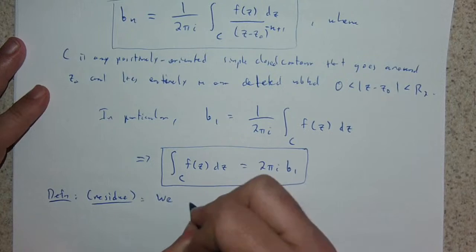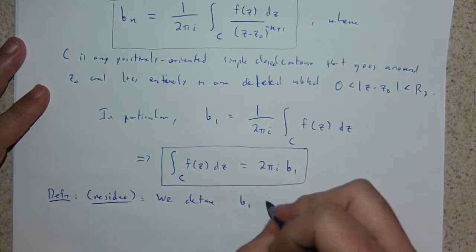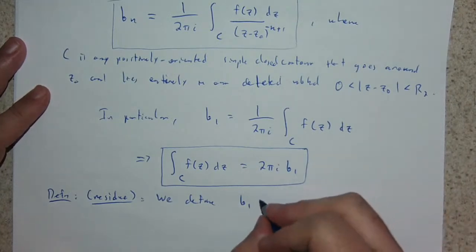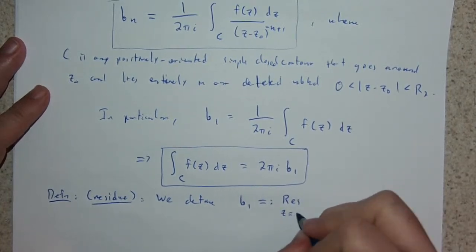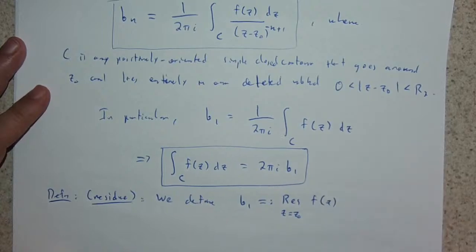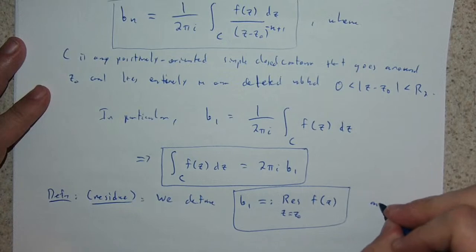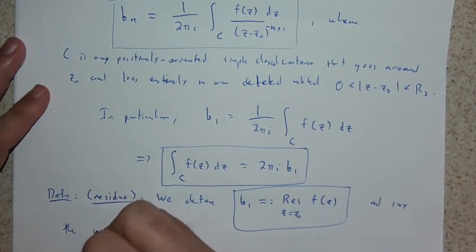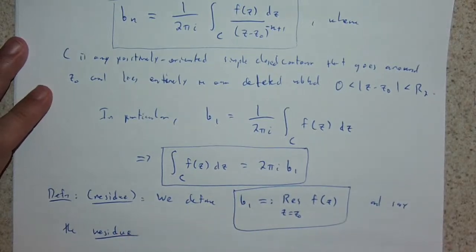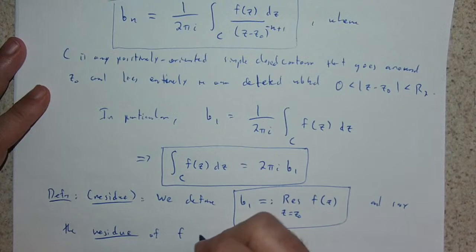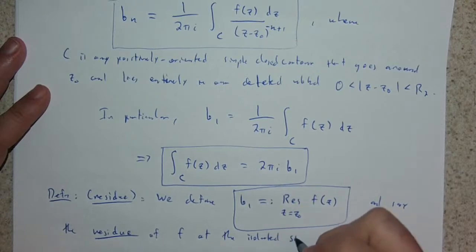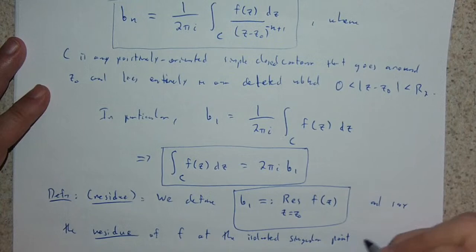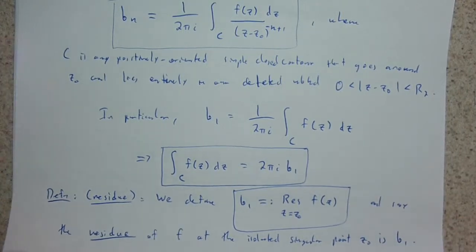We define b sub 1 in this case to be equal to what's called the residue of f of z at z equals z naught, and say the residue of f at the isolated singular point z naught is b sub 1, whatever that b sub 1 is.